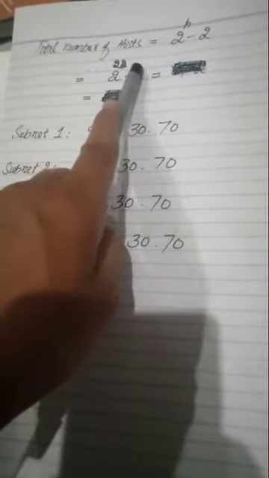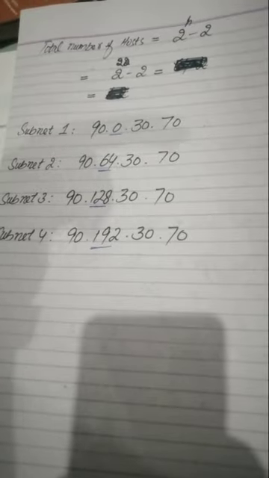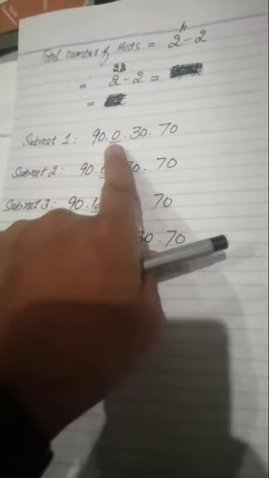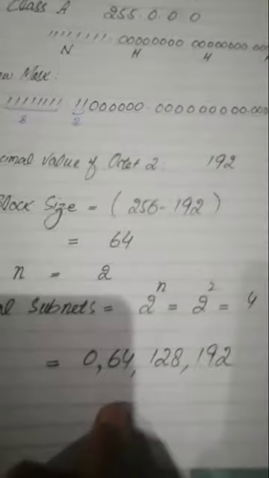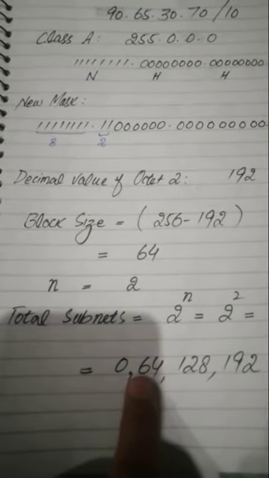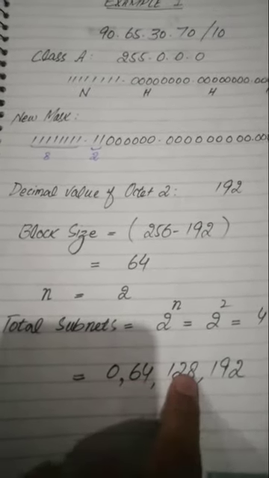Now the next process is how can we write the addresses of these subnets. As I have already told you, we are only making changes in the second octet. So as we have calculated, our subnets are 0, 64, 128, 192.